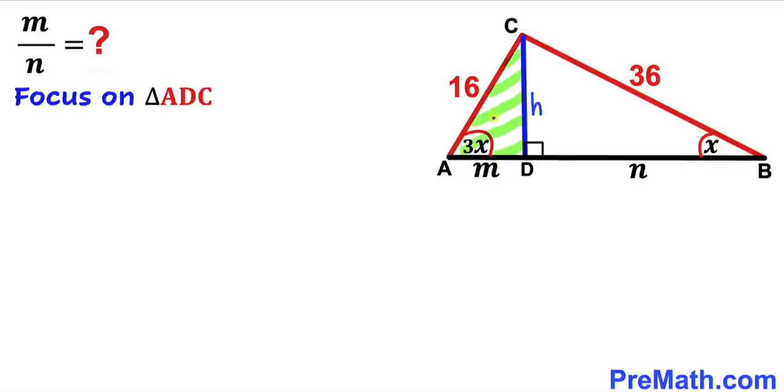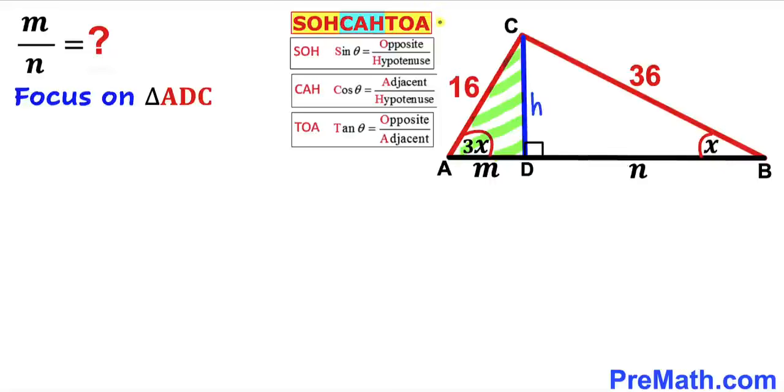Now let's focus on this right triangle ADC. Let's recall SOHCAHTOA, and we are interested in sine of 3x and cosine of 3x. Sine of 3x is equal to opposite divided by hypotenuse.